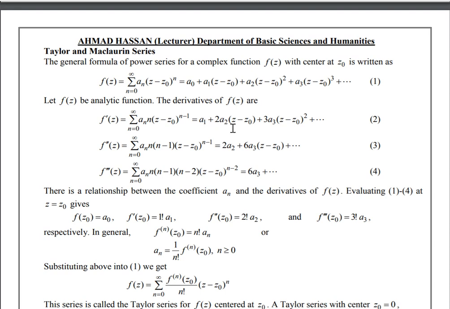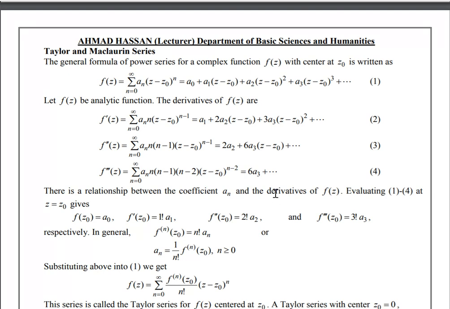We have 2a₂, and the next term is 6a₃ times (z − z₀). In other words, the next third derivative is this one. This is the relation between the coefficients a_n and the derivatives of the function.